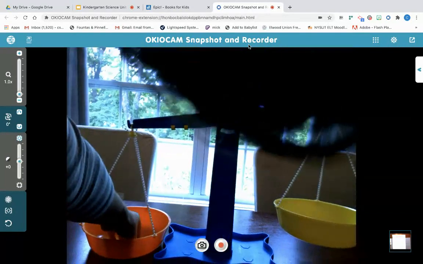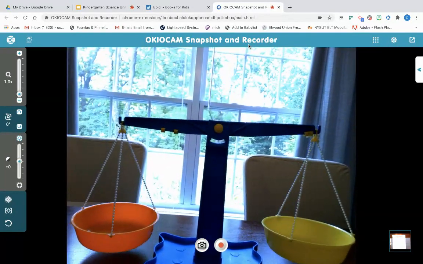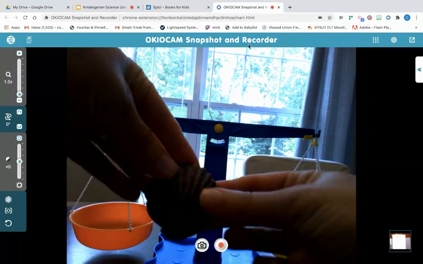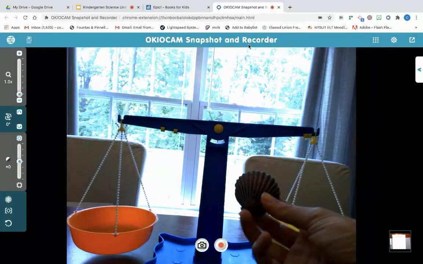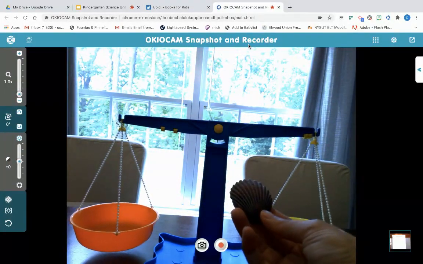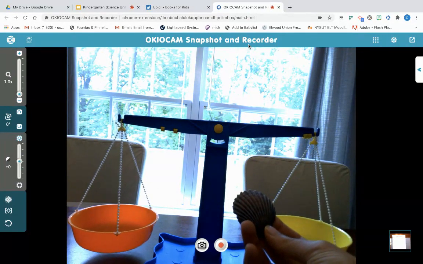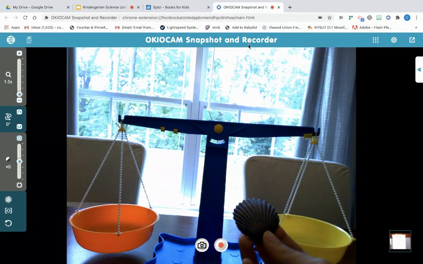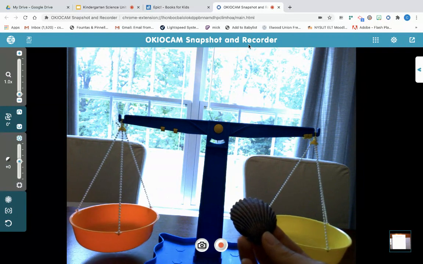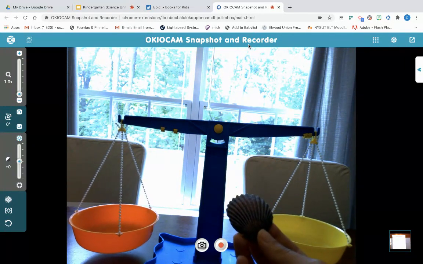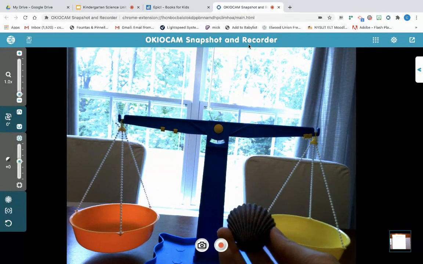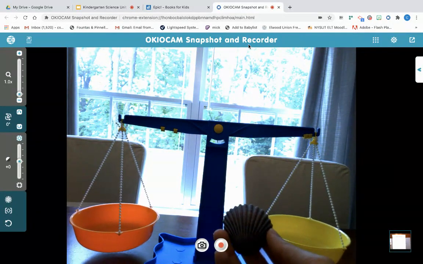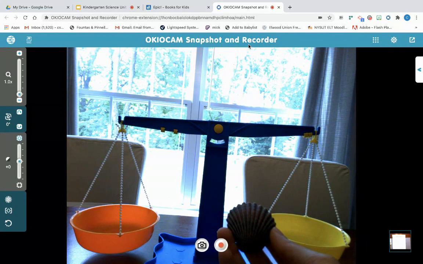Okay, now, if I want to find out the weight of the shell, what could I do using a balance scale? Well, something that we could use are measuring weights, but I don't have them with me. Scientists are very inventive and think of solutions to problems.